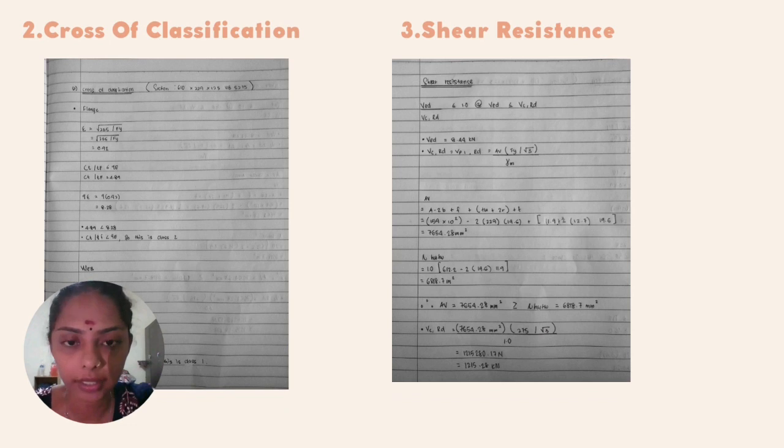Okay, cross section classification. Section 610 times 229 times 125 UB, S275. Okay, flange. Flange factor epsilon equals 235 divided by fy. The answer is 0.92. So CT divided by TF equals 4.89, so CT divided by TF is less than 9ε.